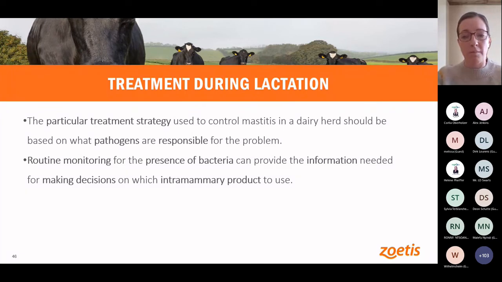Or worst case scenario, the incorrect product is used, and some people have by accident used a dry cow therapy instead of a lactating cow therapy. We're going to talk about dry cow therapy just now, but that means milk discard for a very, very, very long period.